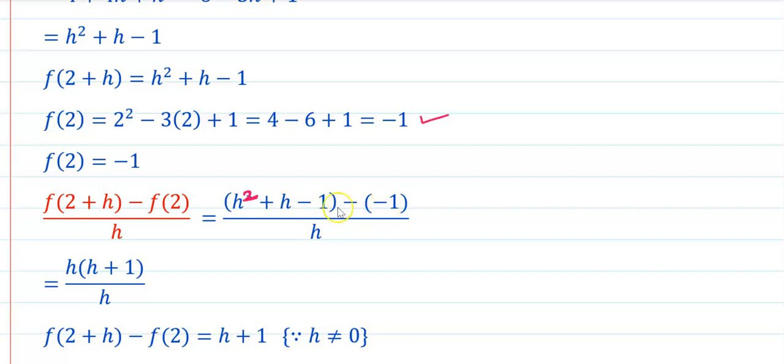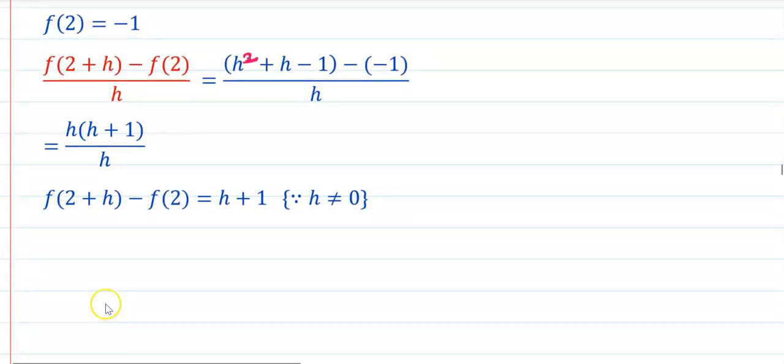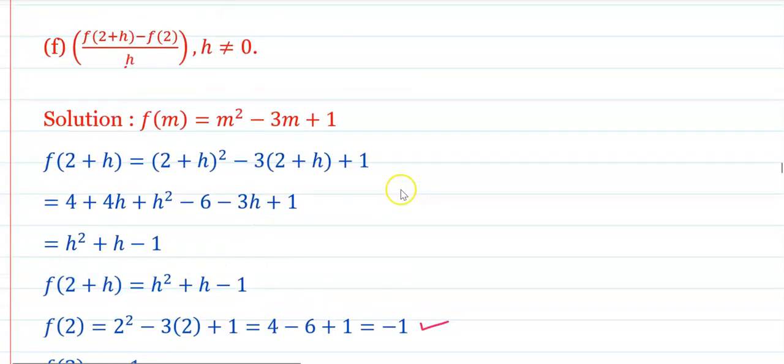Okay, plus 1 and minus 1 get cancelled. h square plus h, you can take h as a common. In bracket h plus 1, again h gets cancelled, and overall you will get the value of f of 2 plus h minus f of 2 upon h is equals to h plus 1, and this is the answer. पुन्हा तुम्ही इथे बघू शकताय.